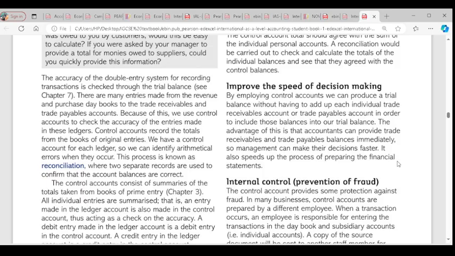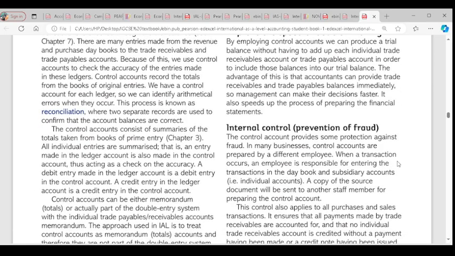The third point, internal control. It can be used to prevent fraud, as control accounts are prepared by different employees. So if one of the accountants is planning to perpetrate fraud, the control account will check. We're talking about auditing.